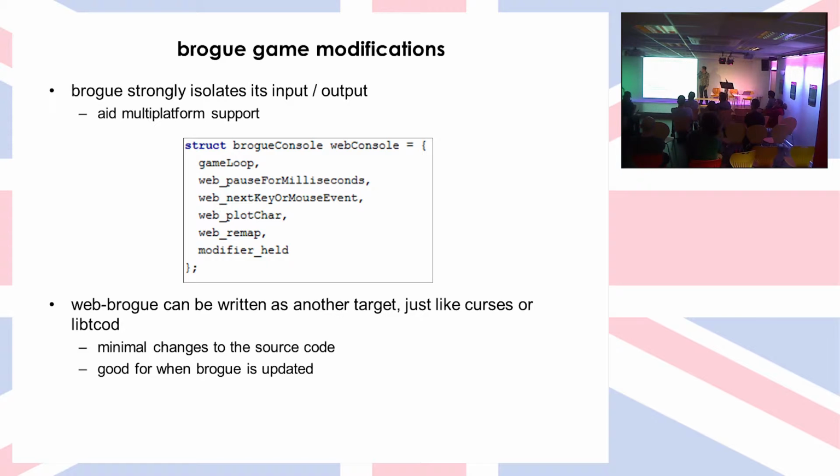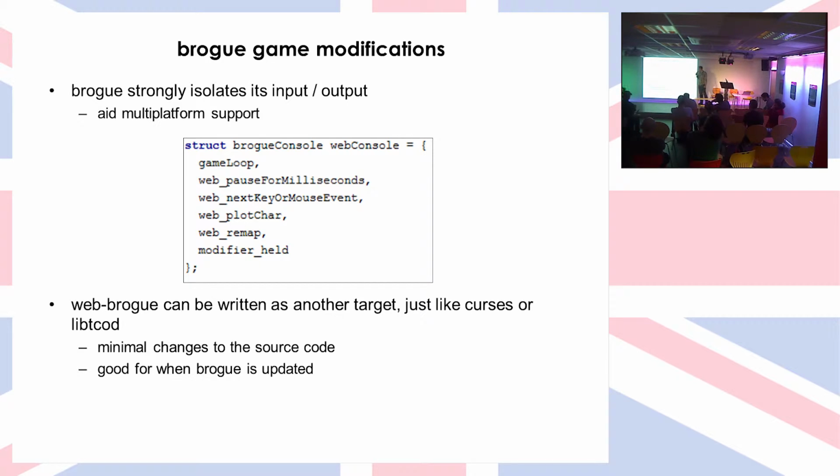To make it work with the web, what Kip has done is put in a new plugin file, if you like, which has the web equivalents of plotting a character, of getting the next key press or mouse event. And that means the web end of Brogue can be written as another rendering target.